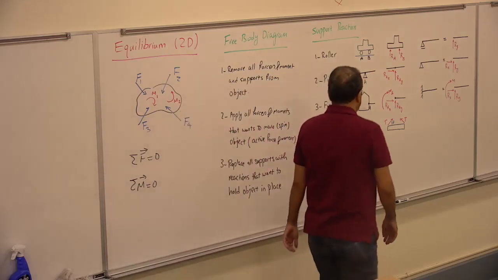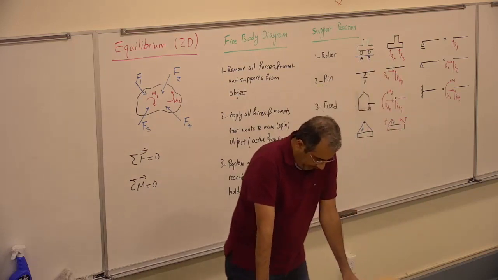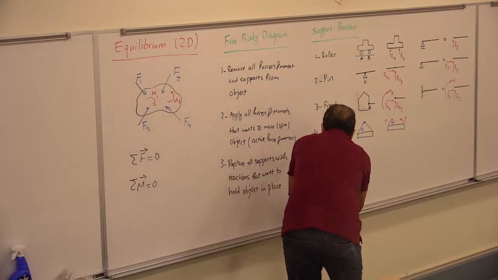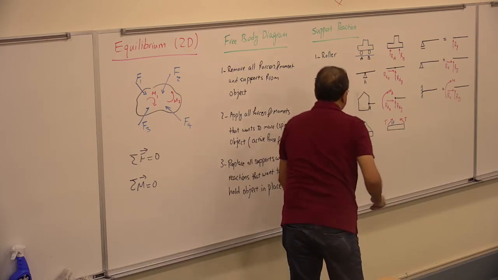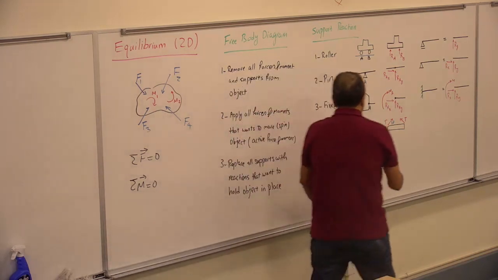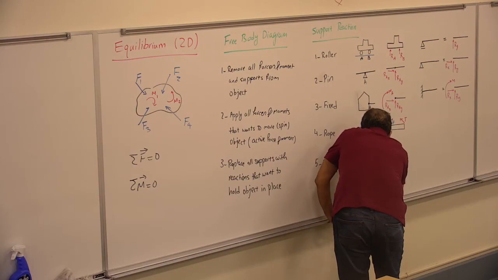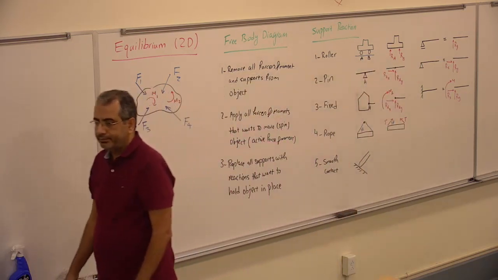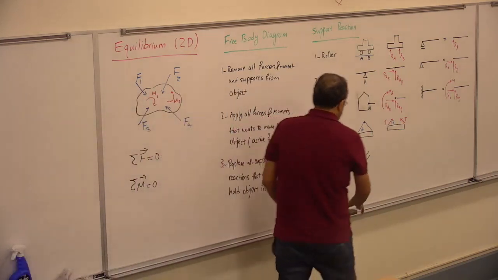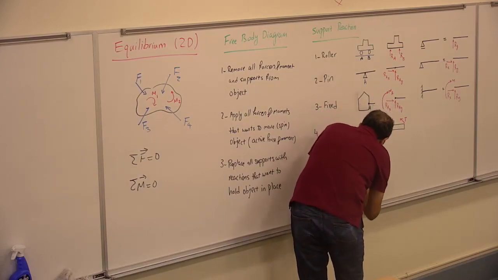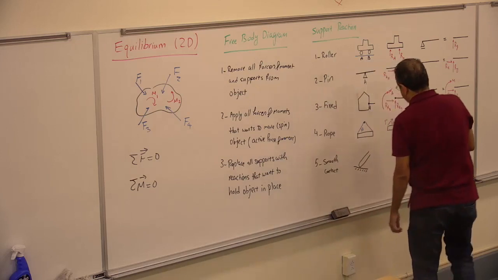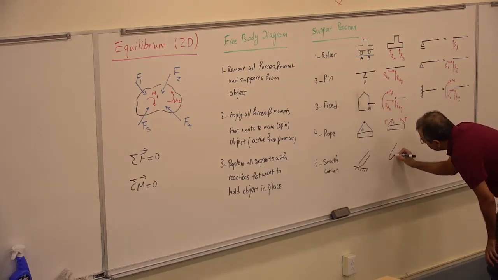The next one is the smooth contact. If you have a smooth contact, so if I have something like that and a smooth contact with that, I can replace it with a force.